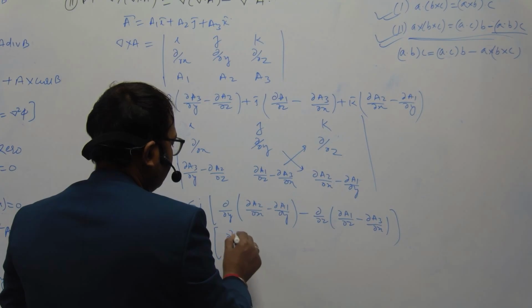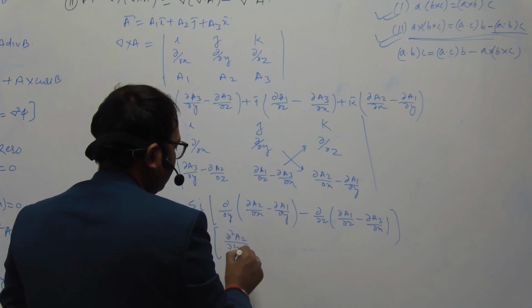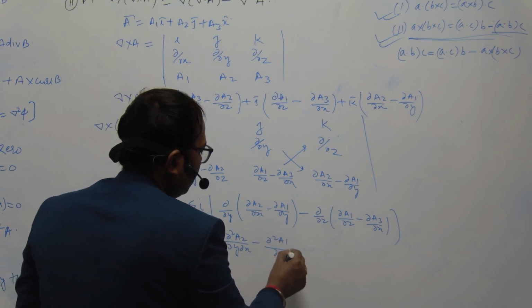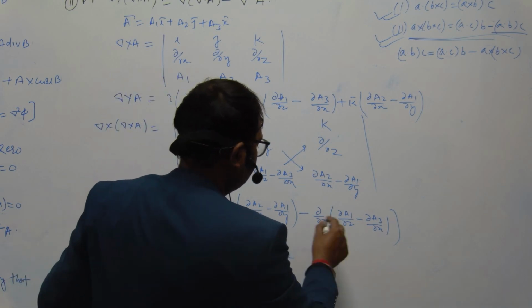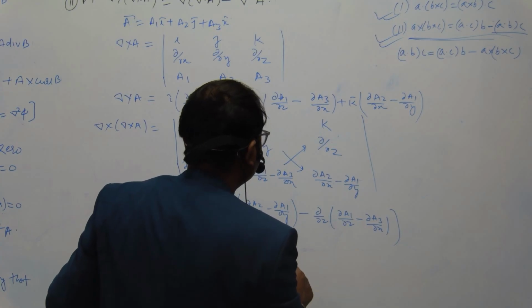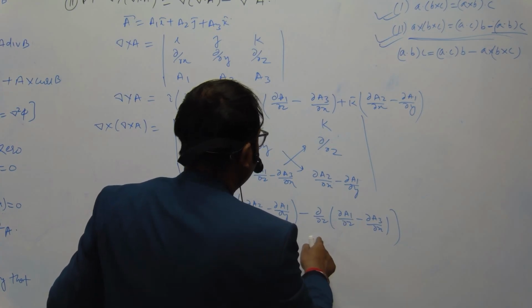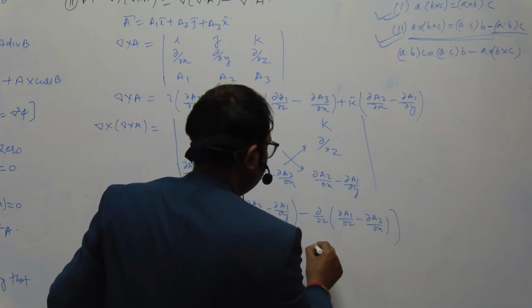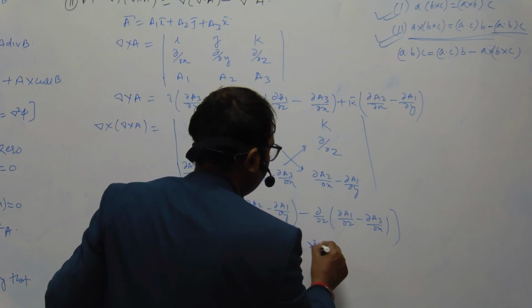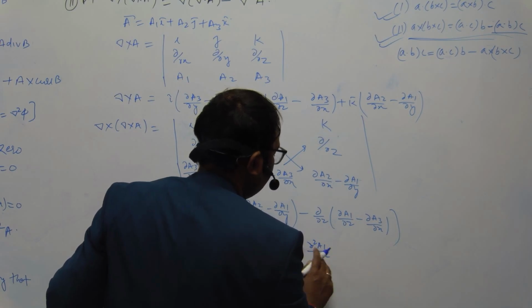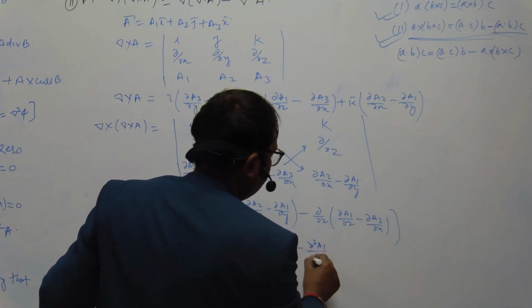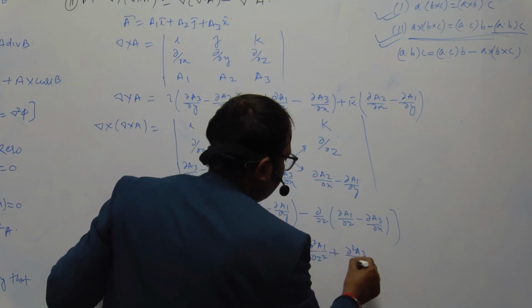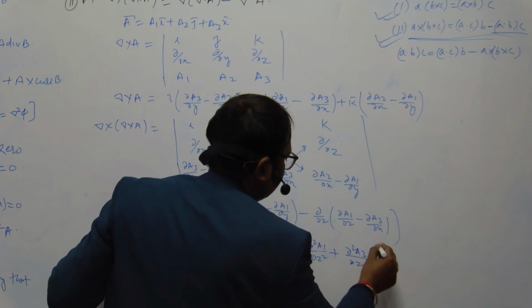This is del 2 a2 upon del y del x minus del 2 a1 upon del y square, minus del 2 a1 upon del z square, plus del 2 a3 upon del z del x.